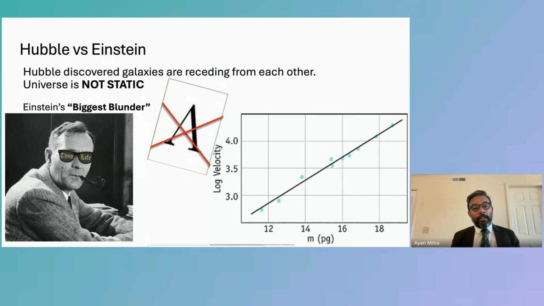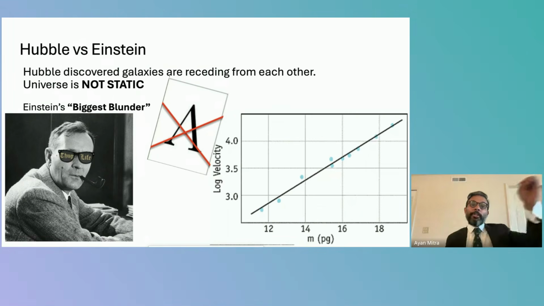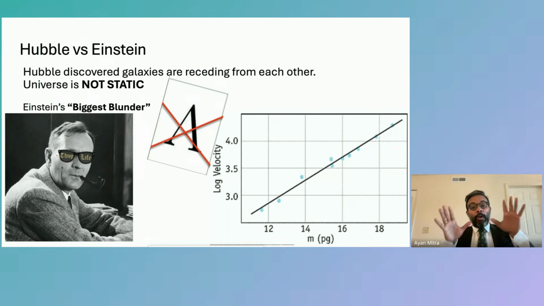And what Hubble plotted during that period of his research was basically the distance versus the velocity at which any object that he sees is moving away from us, receding from us. That plot to date is one of the cornerstones in modern cosmology, and it is famously called the Hubble diagram.